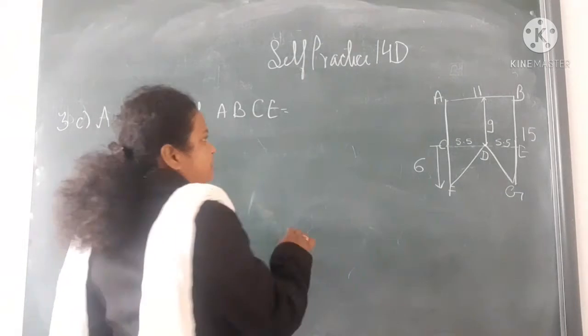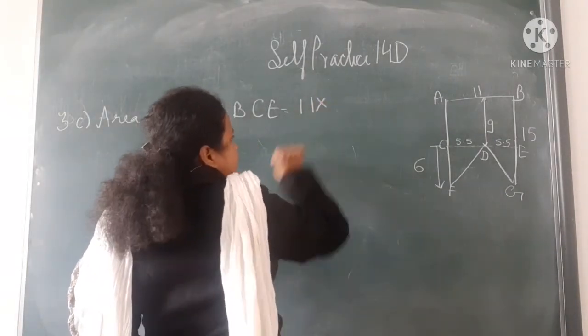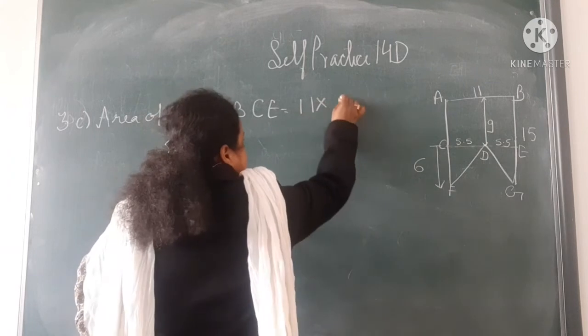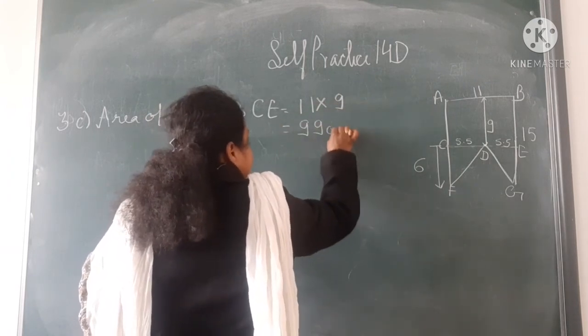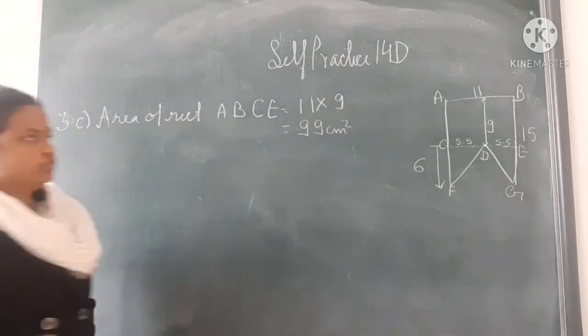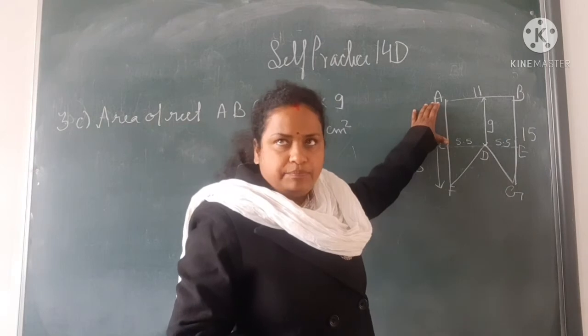In that, what is your length? 11. And what is your height, means breadth? That is 9. 11 9s are 99 centimeter square. So you got the area of this upper rectangle.